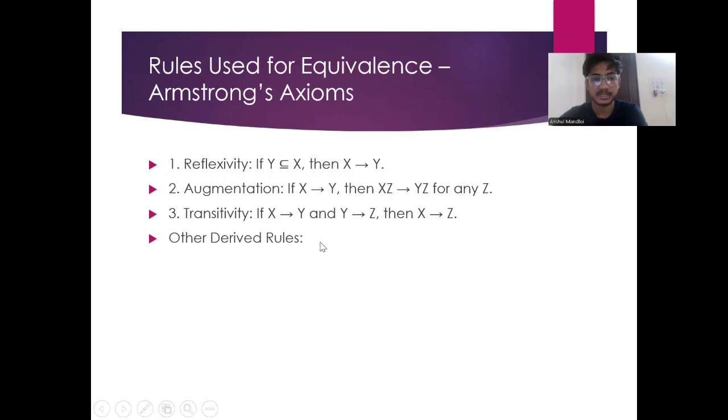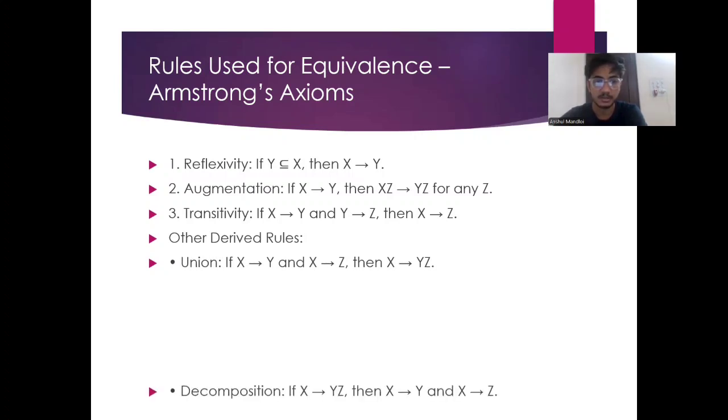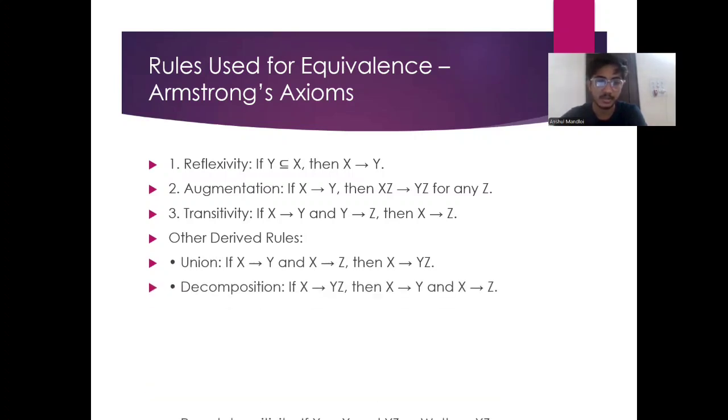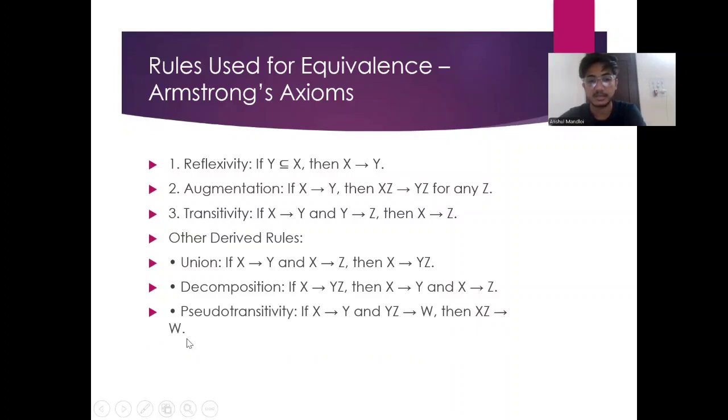There are also some other derived rules: first is union, second is decomposition, and third is pseudo-transitivity. In union, if x tends to y and x tends to z, then x must agree for the attributes y and z, because x already tends to y and already tends to z. So x must agree for both y and z. This is what union explains.